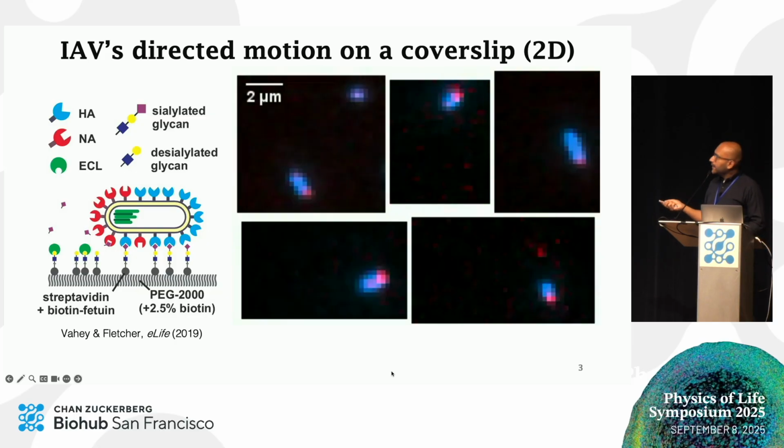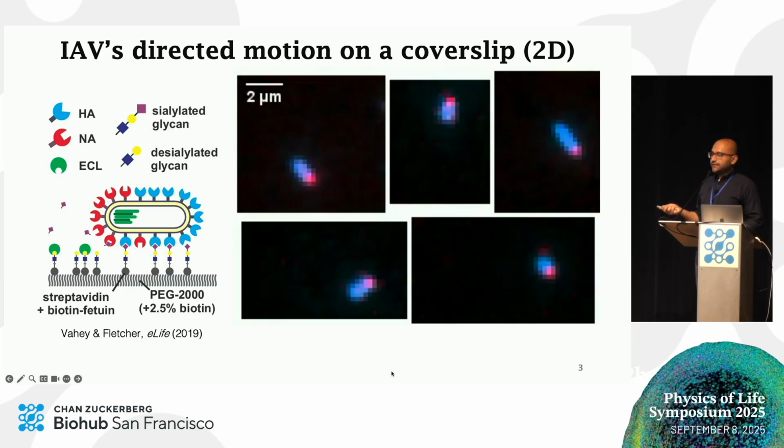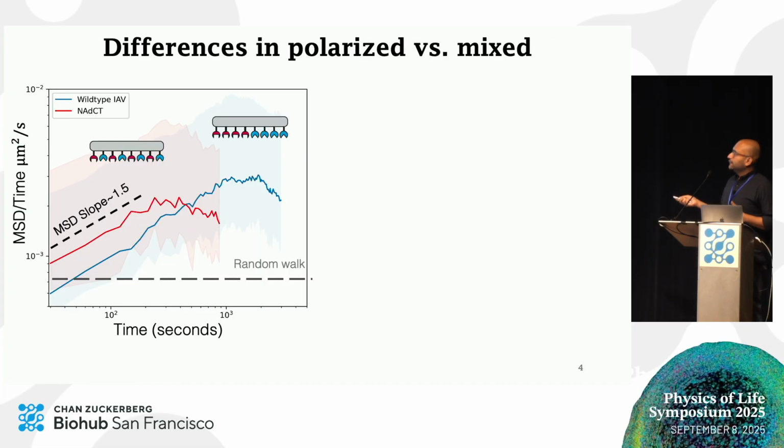I took the data from these trajectories and did a mean square displacement analysis. For the polarized virions, that revealed a superdiffusion with an exponent of 1.5, indicating a self-avoiding walk. But interestingly, in the same paper, they also did a perturbation where the neuraminidase is no longer tethered to the pole, so it's more uniformly mixed.